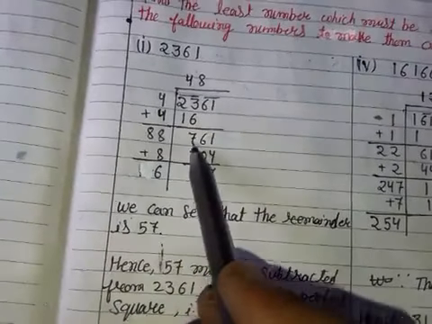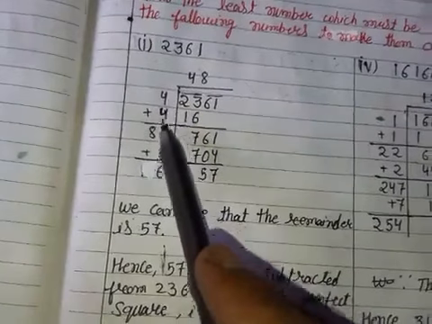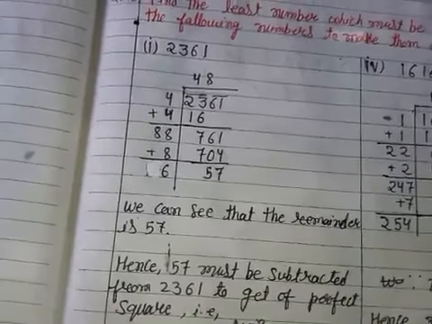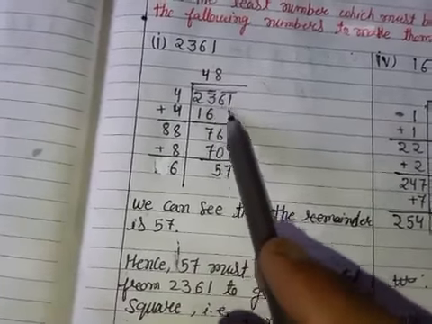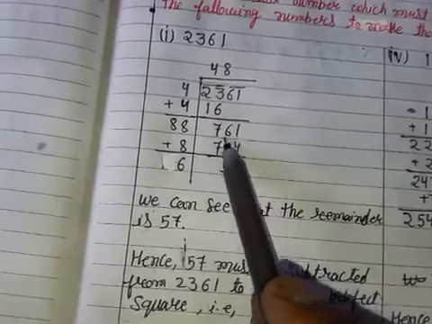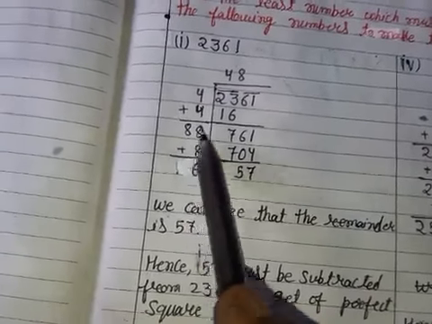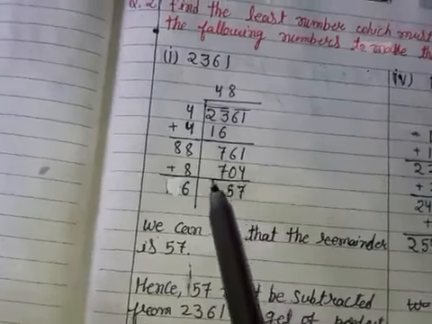When we subtract we get 7, and here also for 8 we add and write it a little to the left. So 4 4 8. Now we write the second pair 61 after 7, so 761. Now if we multiply it by 8, 88 into 8 is 704.